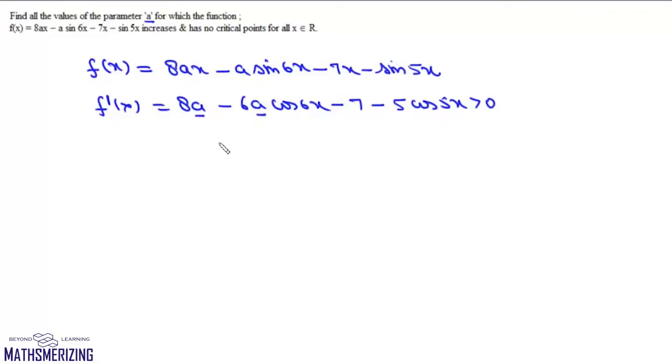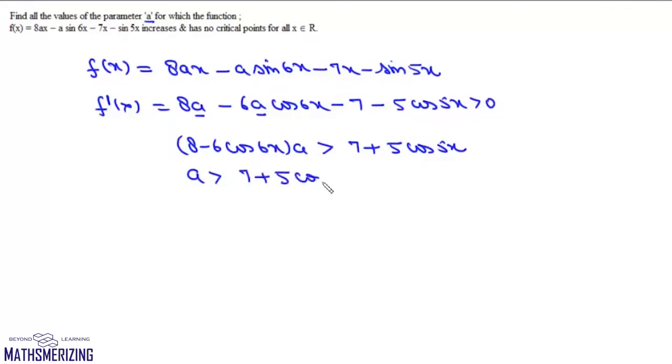Now if we take this a common, we can write 8 minus 6 cos 6x into a, it should be greater than 7 plus 5 cos 5x. Now this 8 minus 6 cos 6x, it is positive. We can write a is greater than 7 plus 5 cos 5x upon 8 minus 6 cos 6x.